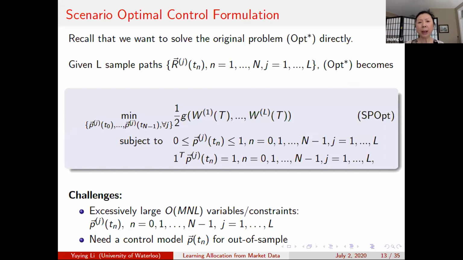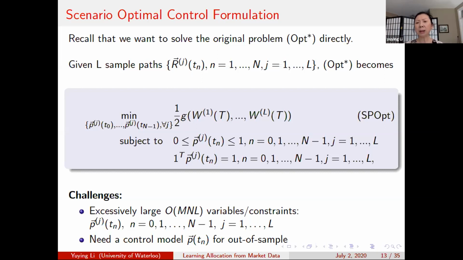Okay, so that's how I'm going to generate data for my learning approach to the optimal allocation problem. Now let me move on to how we solve the learning problem. Remember, our original stochastic dynamic optimal control problem is a multi-stage optimal control problem. We don't want to use the dynamic programming principle to convert this problem into a sequence of optimization problems by solving backwards in time, because that leads to the curse of dimensionality.